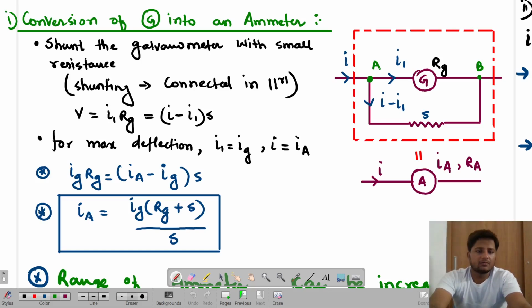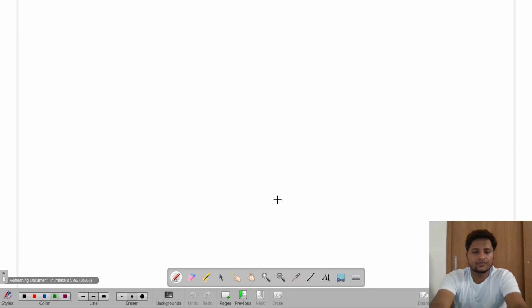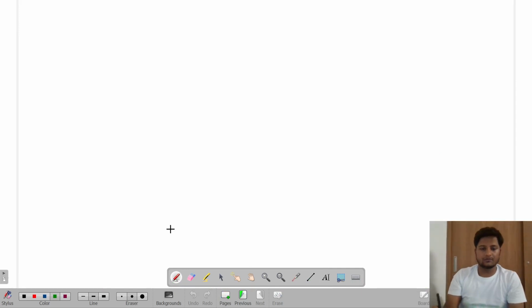Now, till now we have done the conversion of galvanometer, sorry, into an ammeter or something like that, isn't it? Now let us start today.